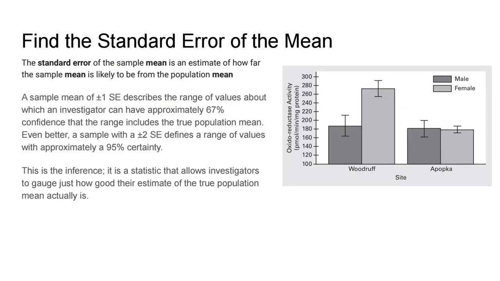The next stat that you want to find is standard error of the mean. The standard error of the sample mean is an estimate of how far the sample mean is likely to be from the population mean. So we are going to figure out what this means. We know that when we are doing an experiment, we take a sample size.